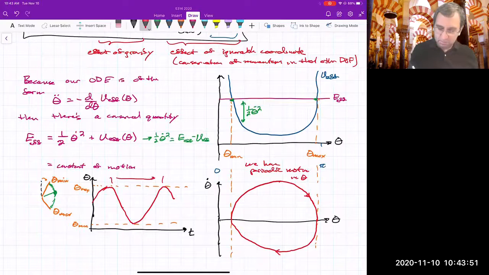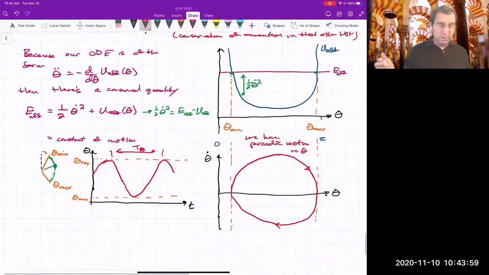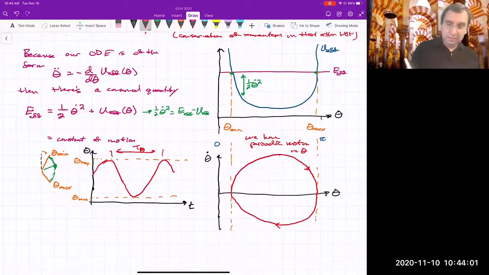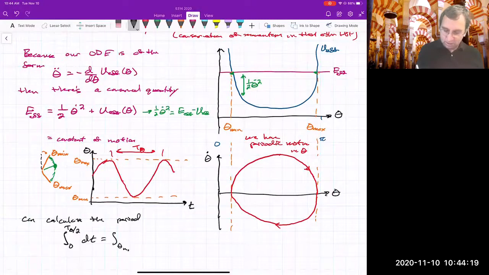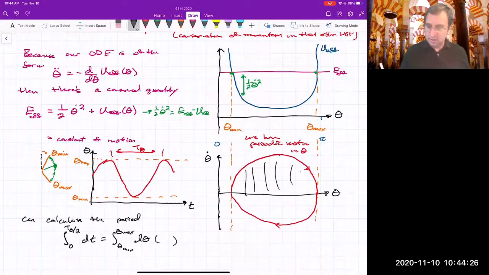So there'll be some period of the motion, T sub theta. And you could even calculate it. You could calculate the period: the integral of dt from 0 to T theta over 2 equals the integral from theta min to theta max of the function that's in here.